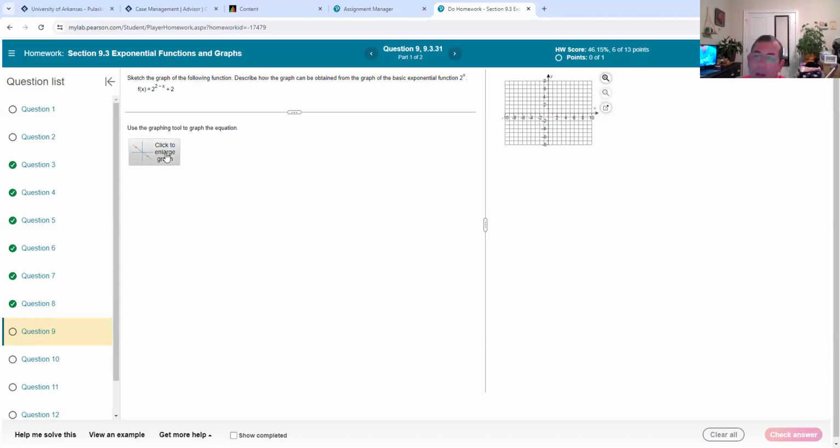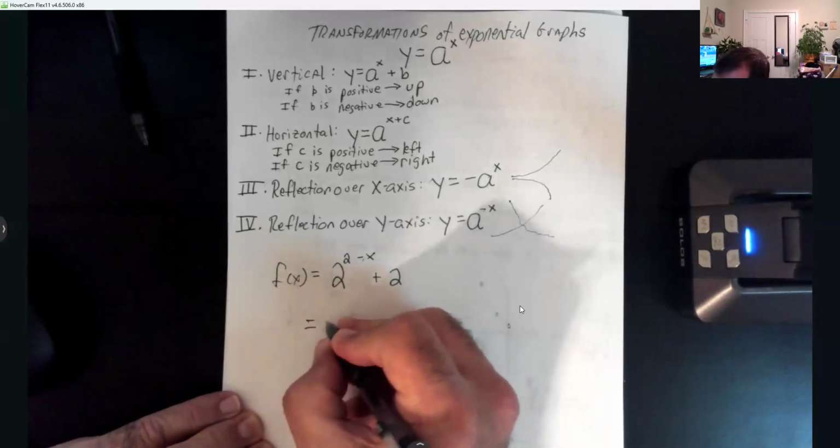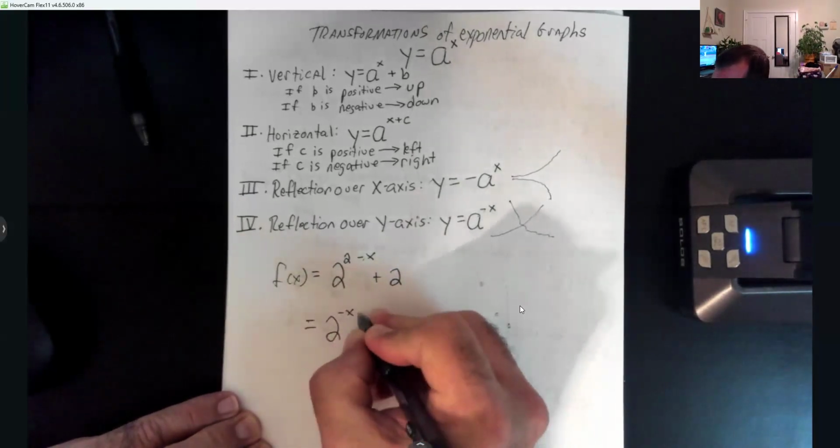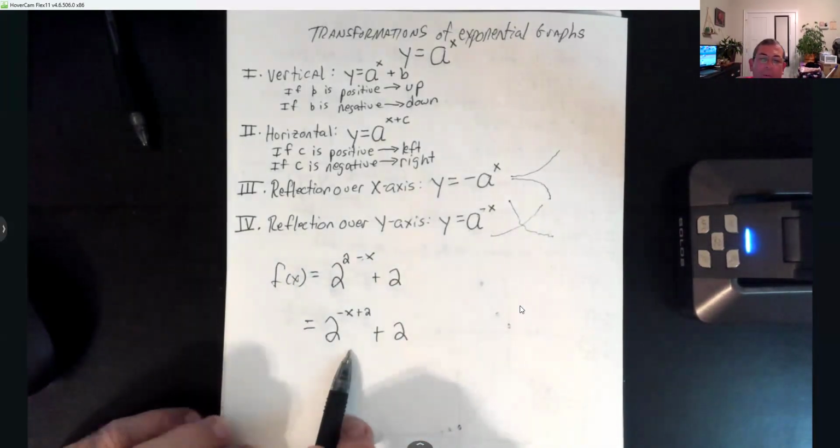Now, y'all, if there is a tricky one, it's this one right here. So let's see, f of x equals 2 to the 2 minus x plus 2. Now, I'm going to tell you a thing about this one. This one, you could treat like 2 to the negative x plus 2, and then bring down that plus 2.